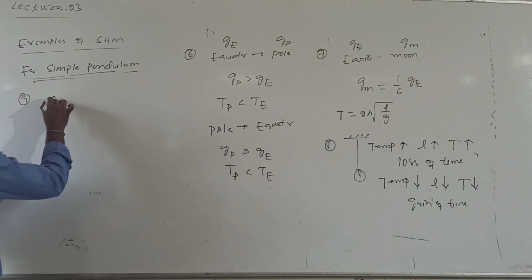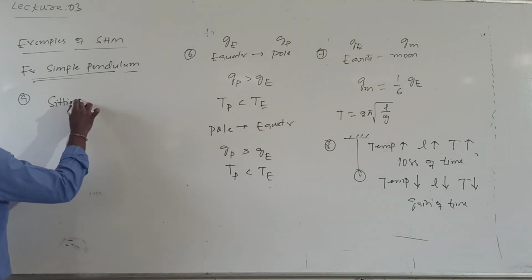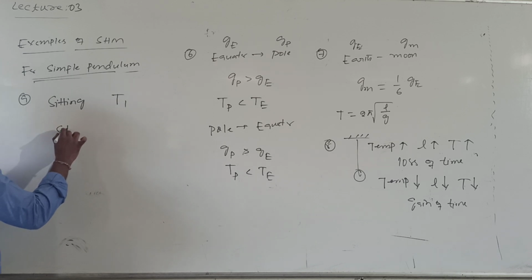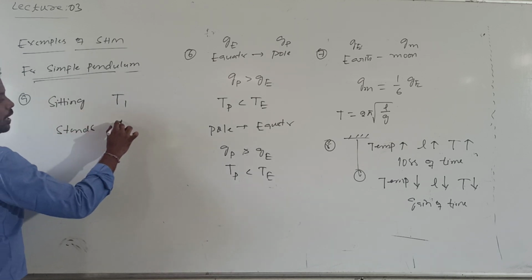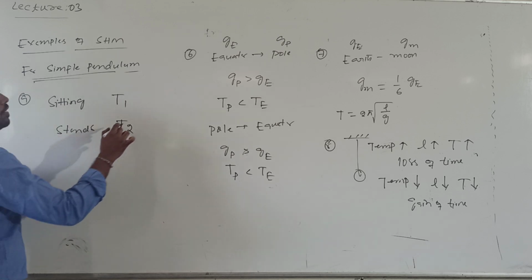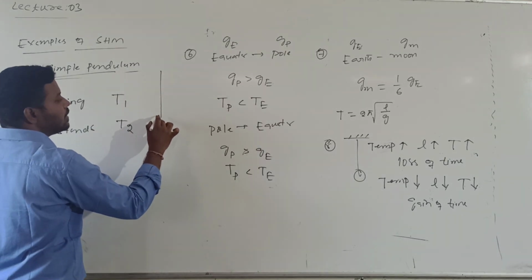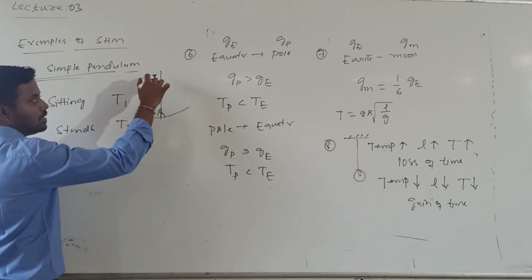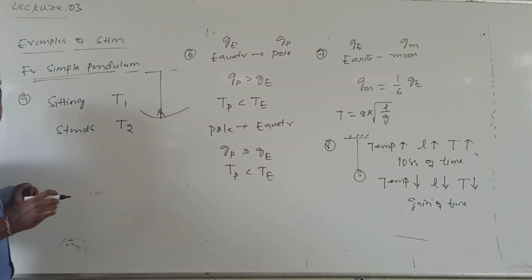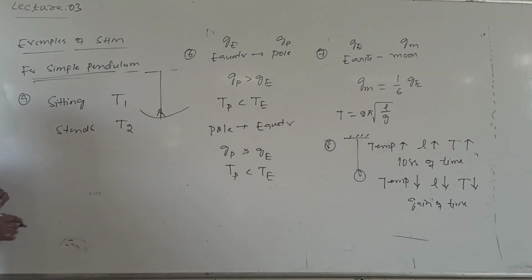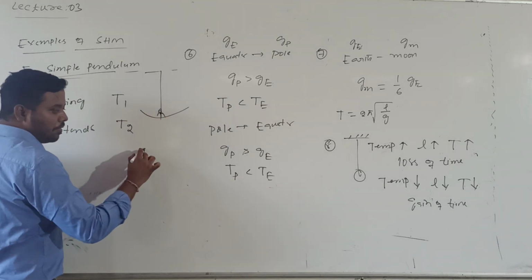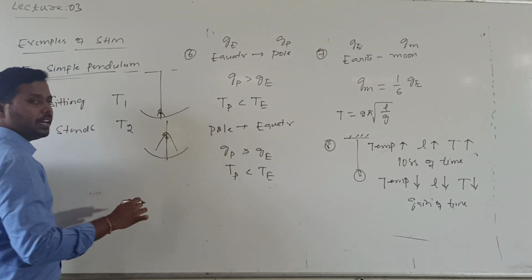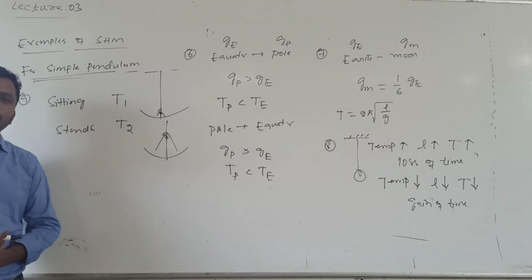In the sitting position, I can call the time period T1. Then the person suddenly stands, so the time period value is T2. When the person is sitting, the center of mass is located somewhere. If the person stands, the center of mass will rise up.